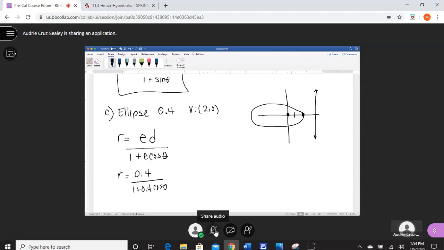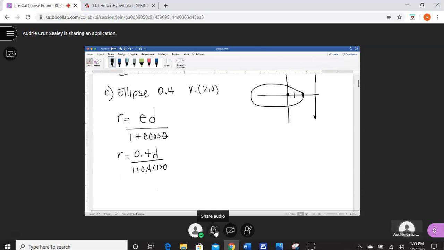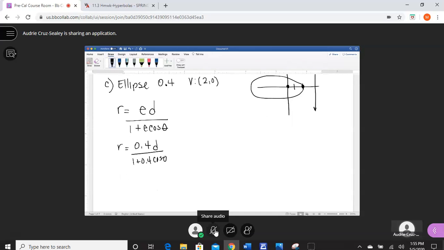We do not know what D is. Oh, I forgot to even put D. So they gave us a point that was on the ellipse. The point on the ellipse is 2, 0. This is r, this is theta. So I can put r is 2.